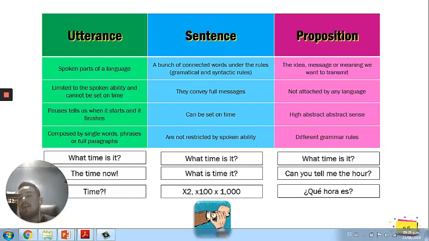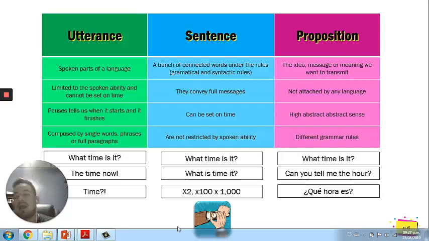Utterances are composed of single words like time, maybe phrases like the time now, or full paragraphs like, "Excuse me, can you tell me what time it is right now? Because I need the time to take my bus," and so on. If I don't make any pause, all these words are just one single utterance.